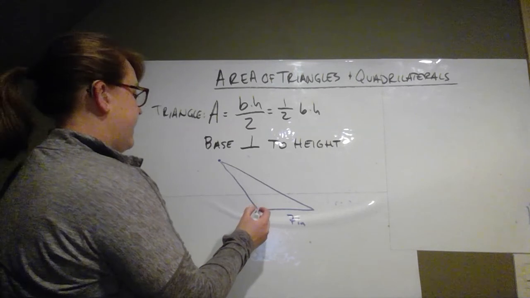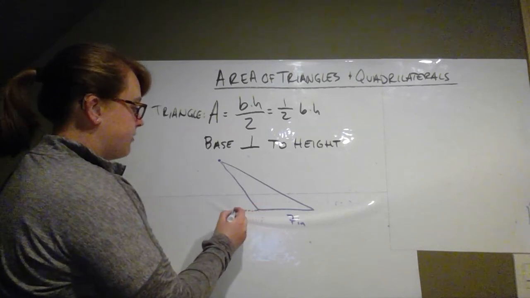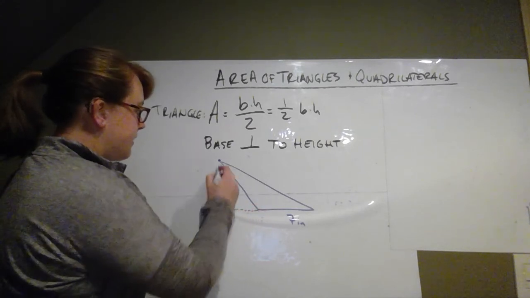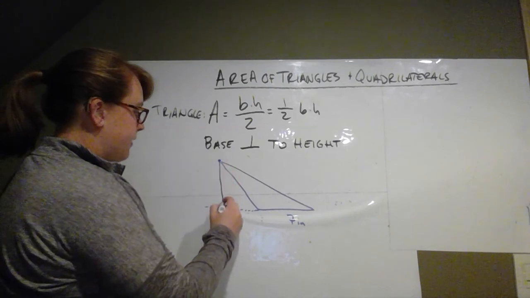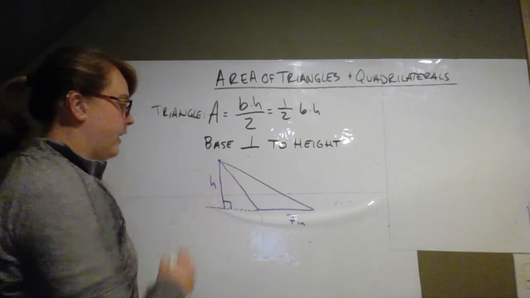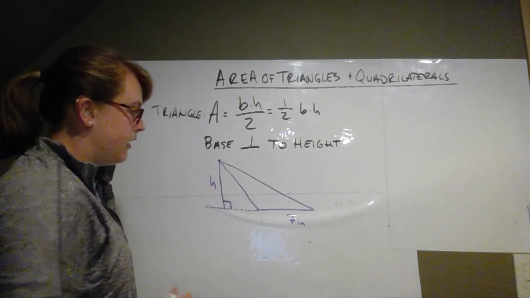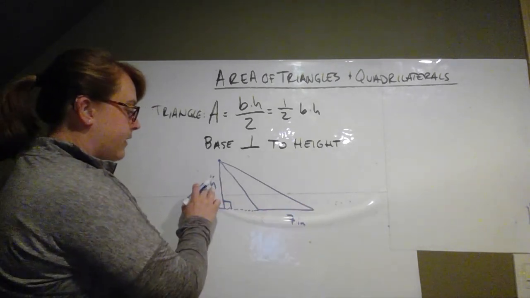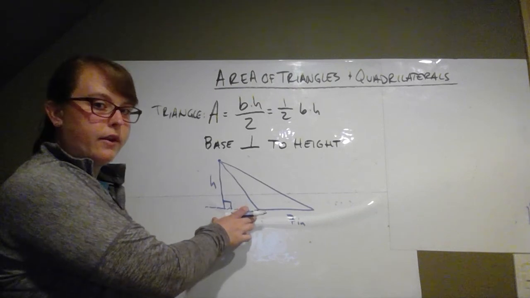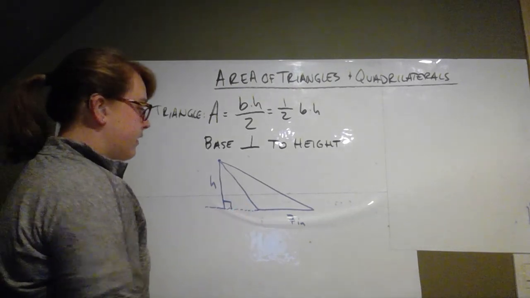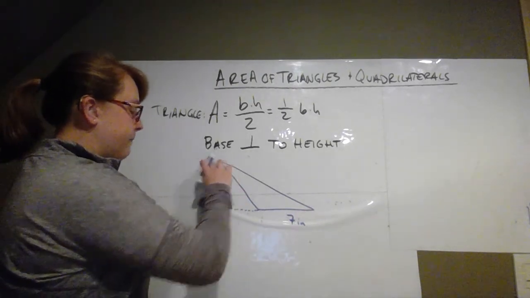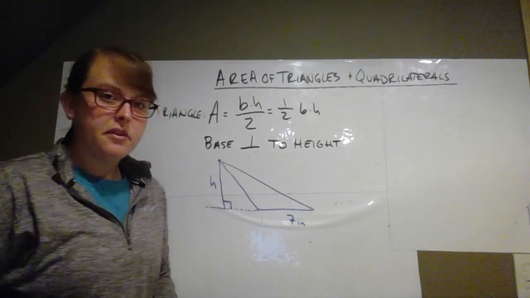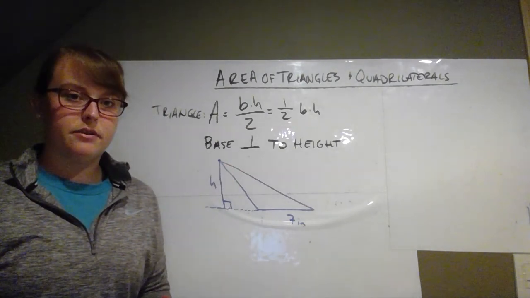But if I extend this base and we have some extra pretend base over here, then I can drop my line down, and this would be my height. So only this portion would still be my base, but this would be the height. I wouldn't add in anything over here. So this would be my base, this would be my height. Those are just some different pictures that we can see in triangles with their heights.